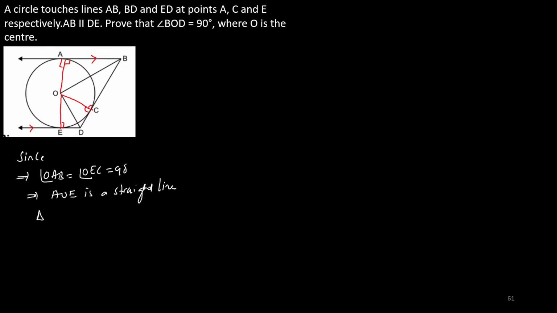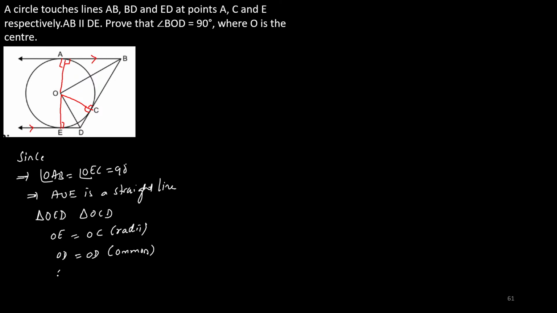now I will take triangle OED and triangle OCD. So OE is equal to OC, these are radii. Then OD is equal to OD, this is common for both triangles.